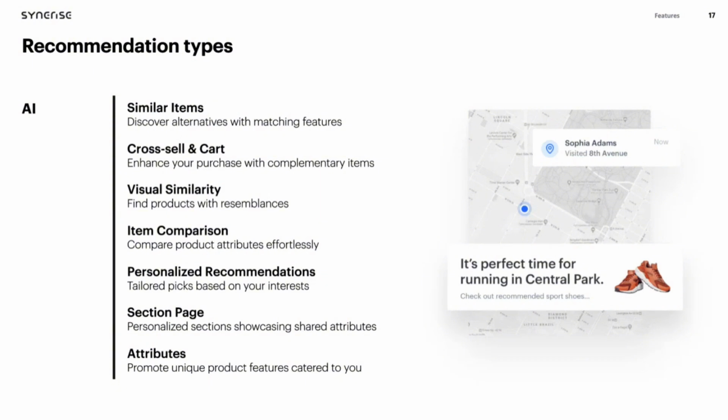Let's imagine that we would like to assign to all the banners on the slider on the main page the ones to which the customer has the highest propensity. In this case, the section page allows you to personalize the entire page.